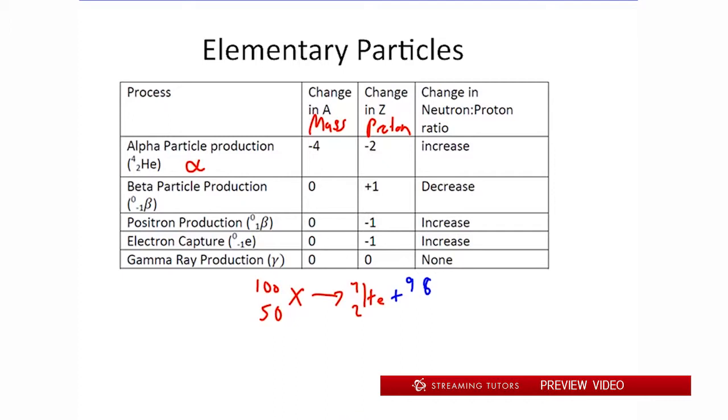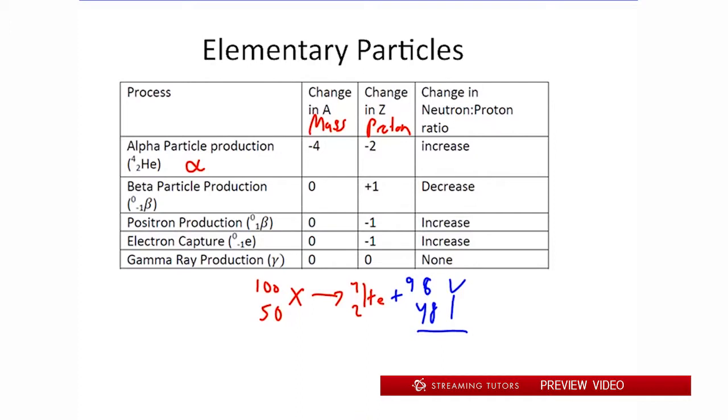And it would have 2 less for its atomic number, so that would be 48, and whatever that corresponds to. So that's what we mean by the change in A and the change in Z. This new species produced has 4 less mass number and 2 less atomic number.